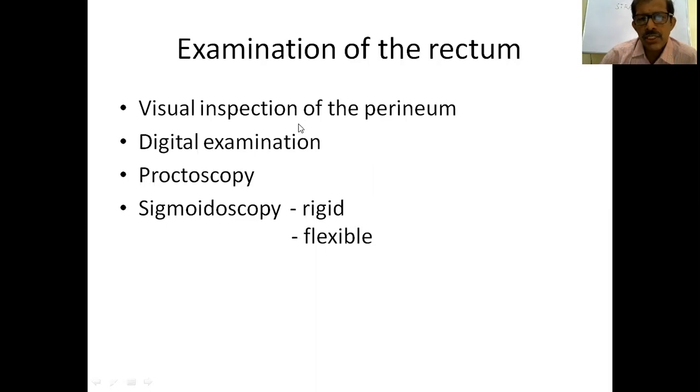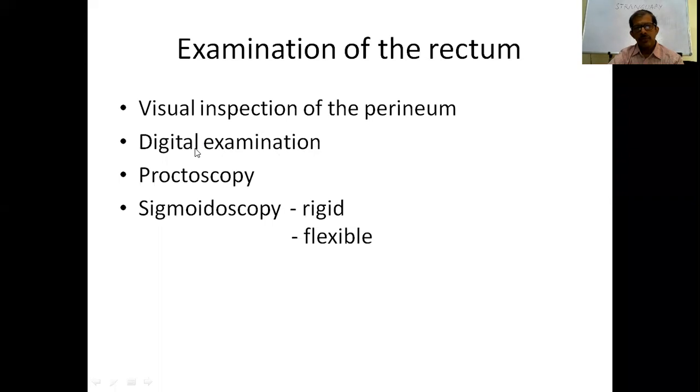The other lesion is the prolapse of the rectum, which you can see, apart from the lesions of the anal canal, by inspecting the perineum.